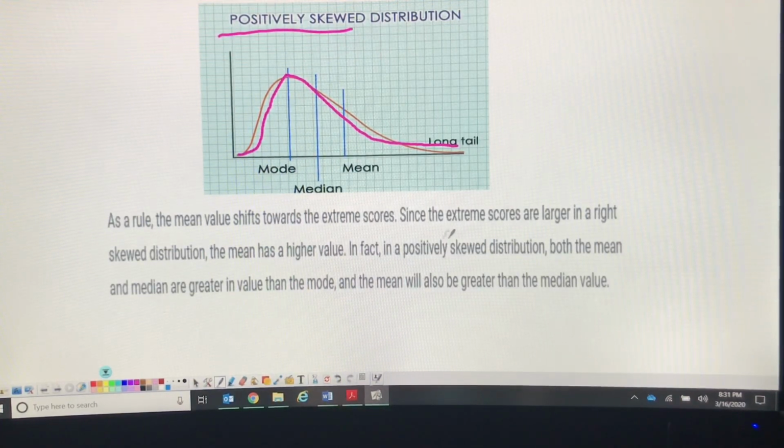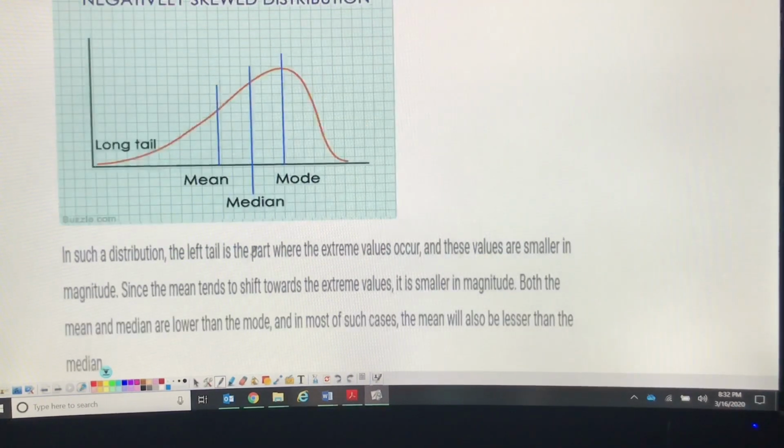The extreme scores are larger on the right. It creates a higher mean value. Therefore, it's positively skewed. The mean and median are bigger than the mode. When we have a skewed left distribution, the extreme values are smaller.